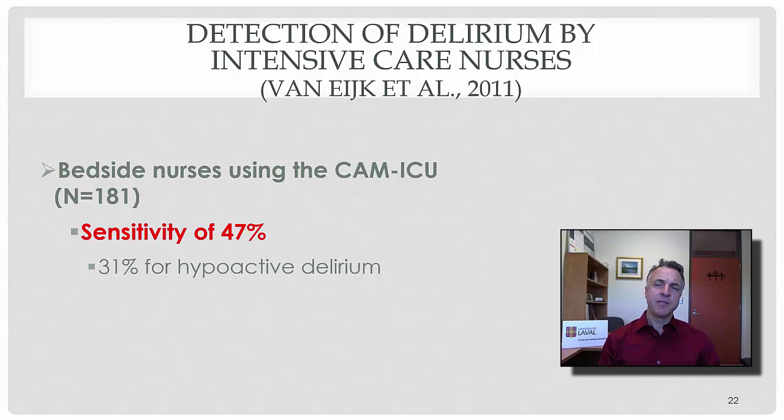But still, if you look at studies that have looked at the validity of the CAM-ICU when it's done by research staff, we know that the CAM-ICU is a very good tool that reaches very high sensitivity and specificity. But when it's used in reality, we are not able to replicate these high sensitivities.